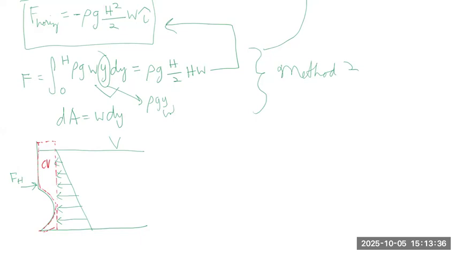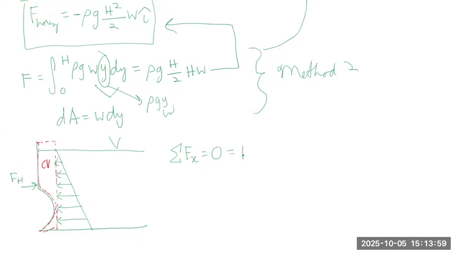And this horizontal force acting on the control volume will have to equal the resultant pressure force in the horizontal direction acting on the wall. So basically, the sum of the forces in the x direction has to be equal to 0.